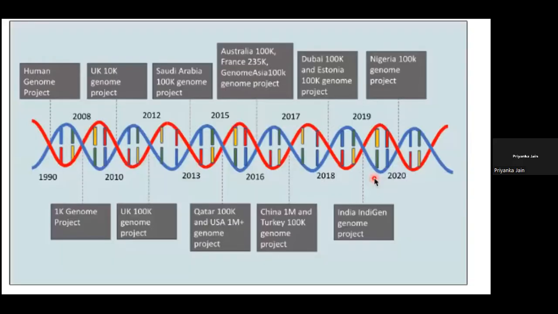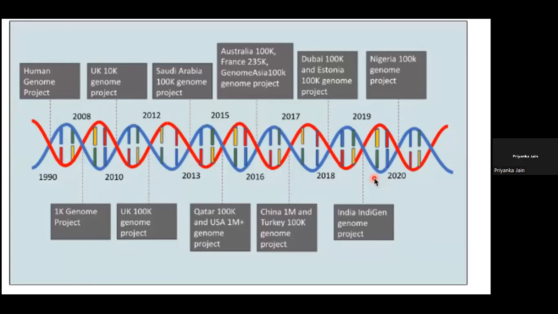If you want to know, I'm discussing a little bit about how sequencing started. If we discuss the main projects of sequencing, first the human genome sequencing started in 1990, where the Human Genome Project was launched, and then the UK 10K Genome Project was there, in which the genome was to be sequenced for humans.